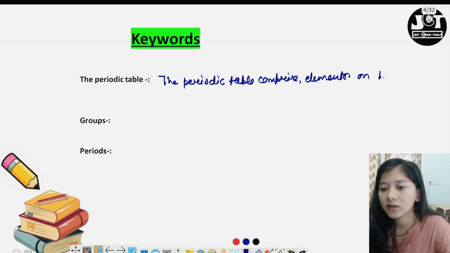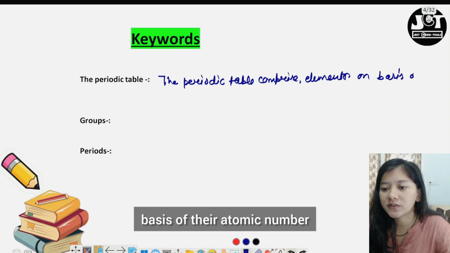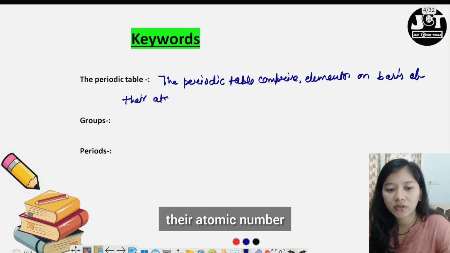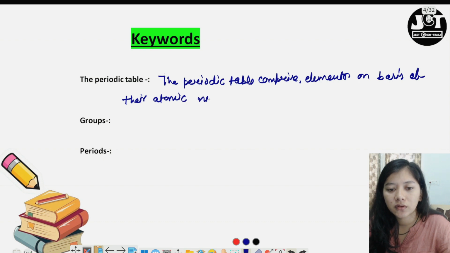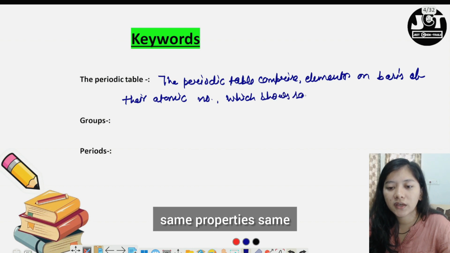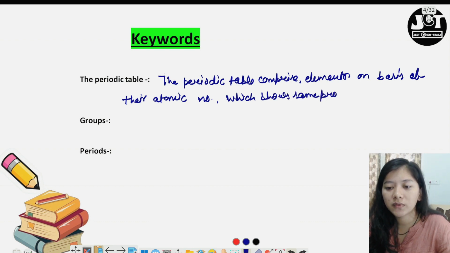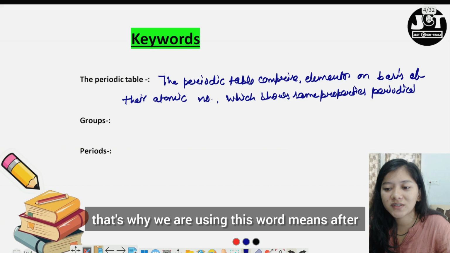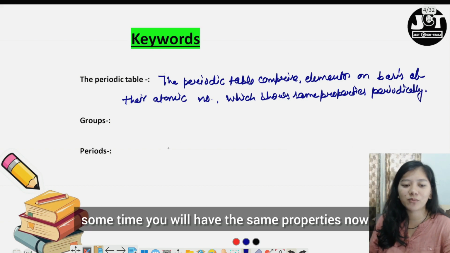Elements on the basis of their atomic number, which shows the same properties periodically. That's why we are using this word. It means after some time you will have the same properties.